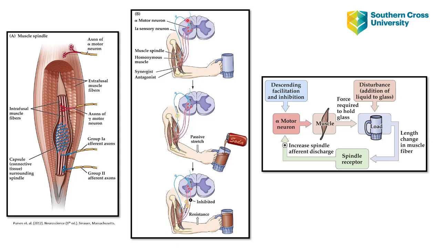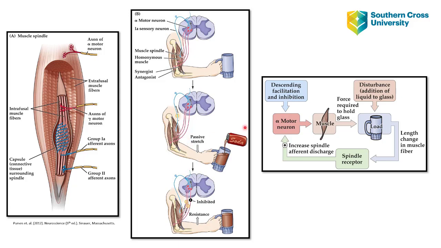And what happens if we activate an inhibitor? Then we get inhibition of our antagonist muscles, and that's our reciprocal inhibition occurring there. And so that then inhibits the antagonist muscles, and in this case, the triceps muscle.